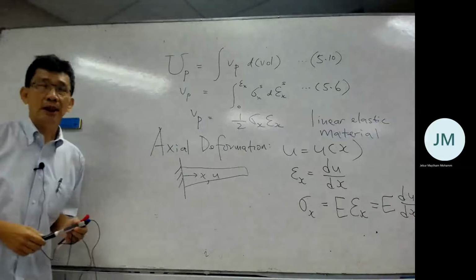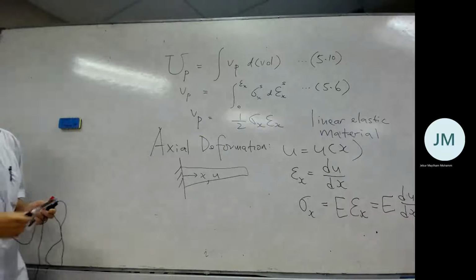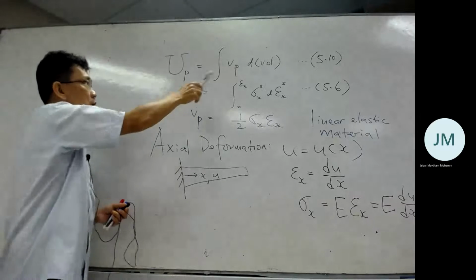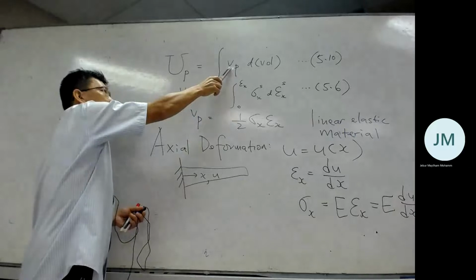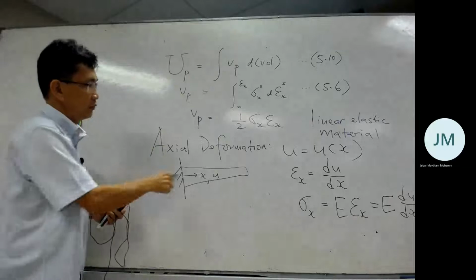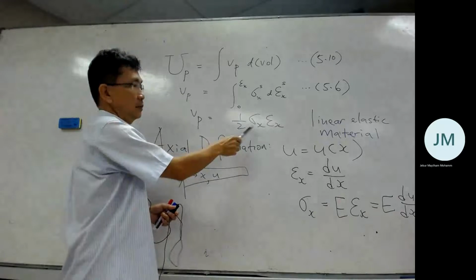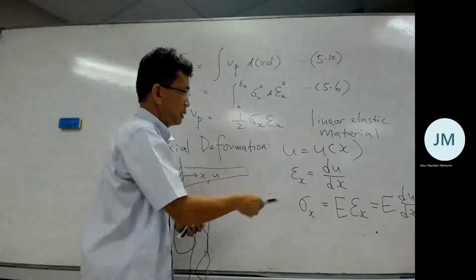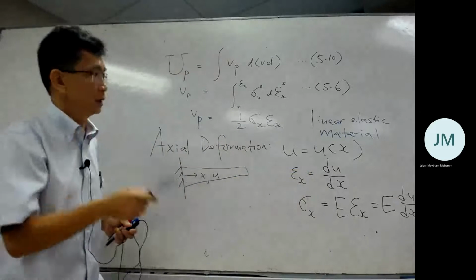What we do next, class, is get the strain energy. In order to get this strain energy, we need to know this, and for linear elastic materials, for the case of an axially loaded bar, it is given by these equations. Here, we want to express everything in terms of u only.